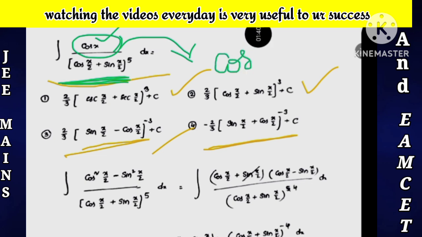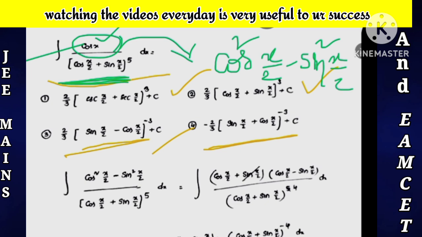Take the formula cos x is equal to cos square x by 2 minus sin square x by 2. This is the submultiple angle formula for cos x. So write the first step like that here.